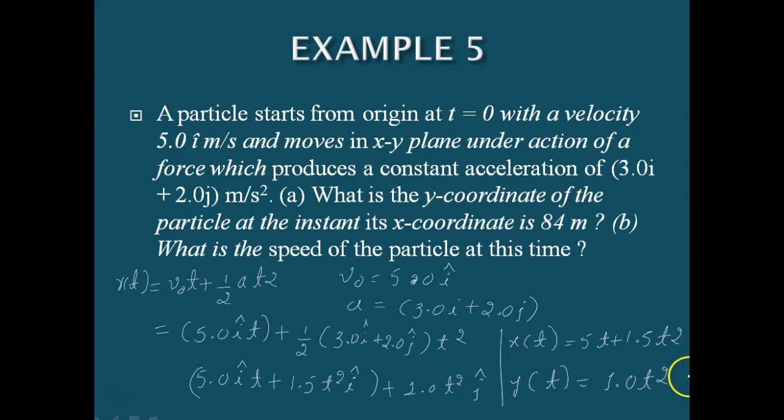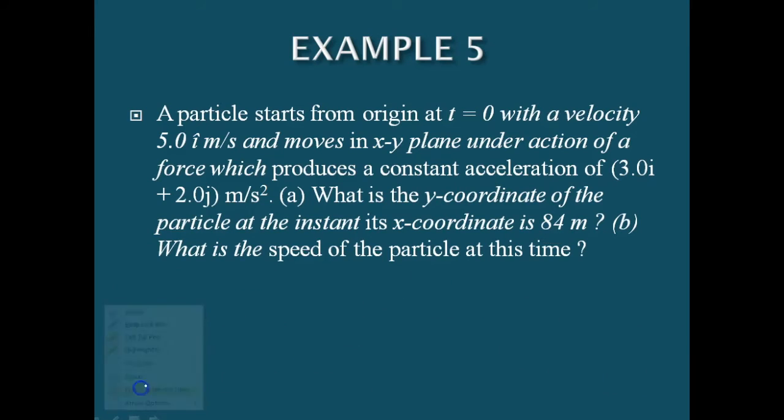We know x(t) is given as 84 meter, so we can find the time t using that, isn't it? x(t) is given by 5t + 1.5t², and x(t) is given as 84.